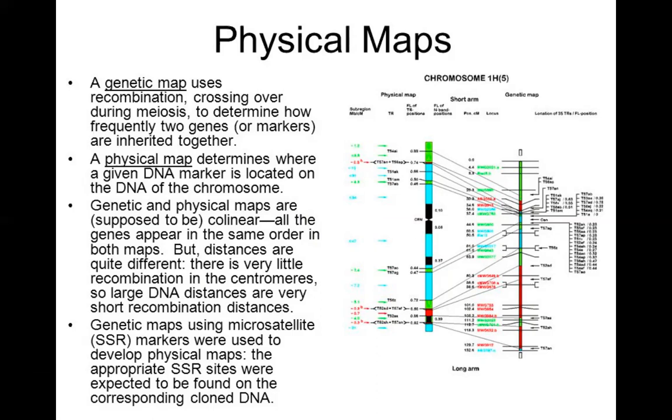We label different portions of the arm of the chromosome so that it makes it easier to facilitate the discussion and also the research process of figuring out where each segment of a gene is located on a chromosome. So these are kind of like addresses, if you will, what we call a physical map of various genes and their distributions along a chromosome.